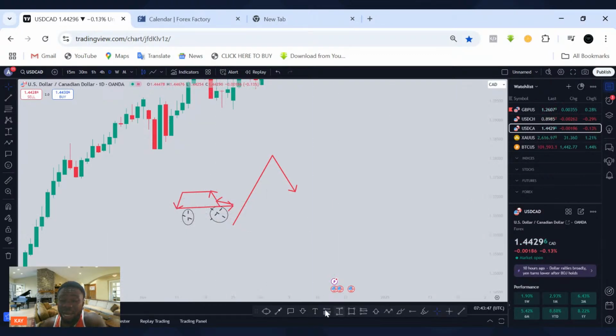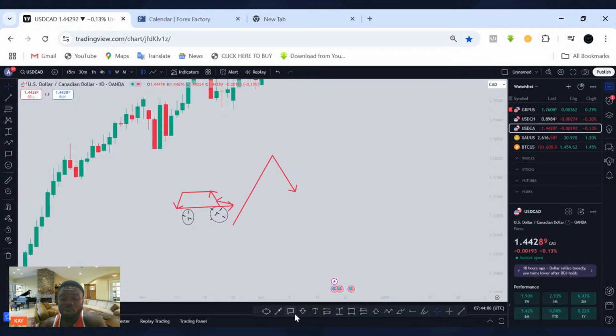But when a car is reversing, it's very slow, because that's not the direction it normally moves in. It's just a short-term movement. So that's the meaning of impulse and correction.